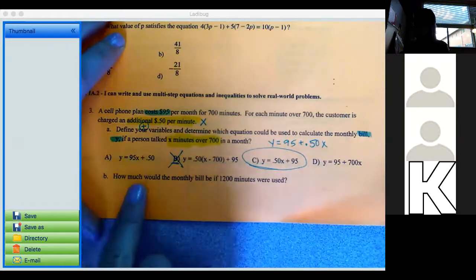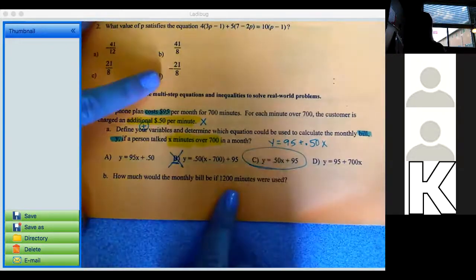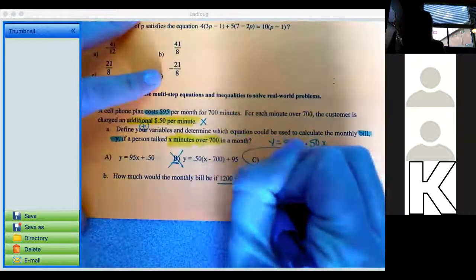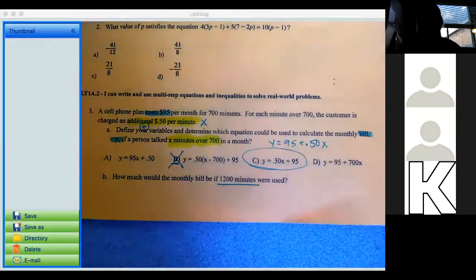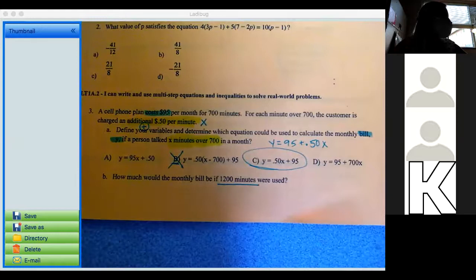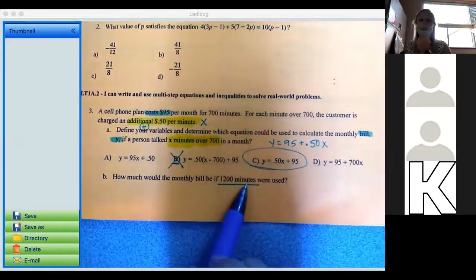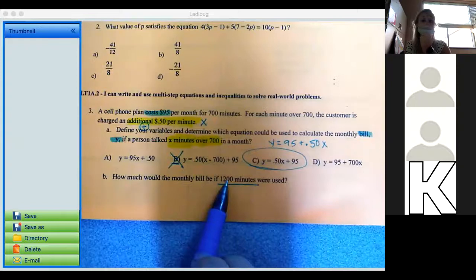Now let's look at B. How much would the bill be if we use 1,200 minutes? Did I give you the X or the Y? Which one? I didn't give you both. Which one did I give you? X. If I gave you minutes, I'm telling you this is the X, right?